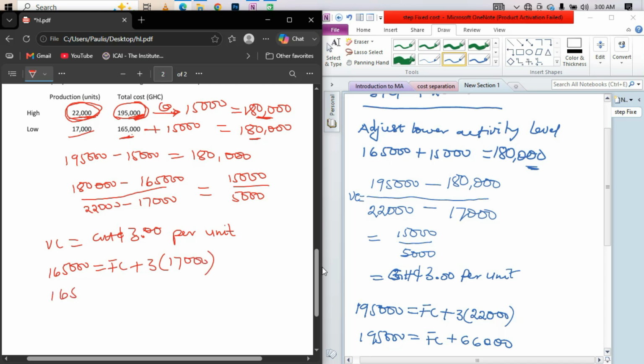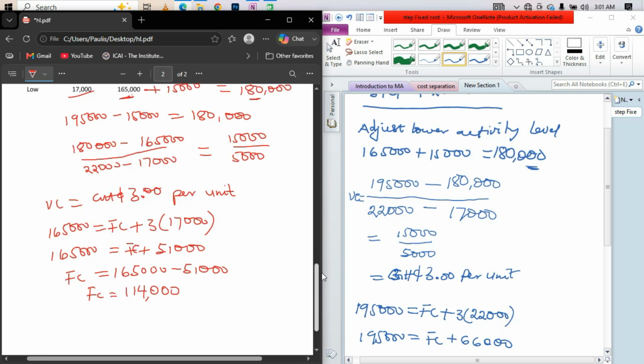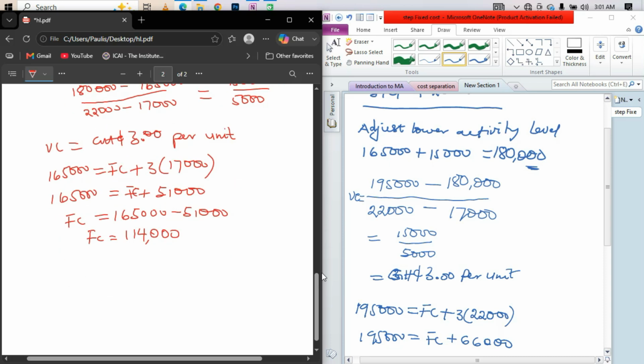So 165,000 is equal to fixed cost plus 17,000 times 3, that is 51,000. So my fixed cost should be equal to 165,000 minus 51,000, and my fixed cost is 114,000.